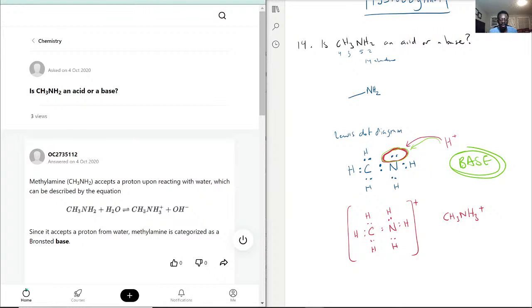Now with this, just as a quick disclaimer, you're probably wondering, but it has all these other hydrogens on the carbon side, why doesn't it give that away? Typically you'll notice that the hydrogen being given away is usually one attached through a hydrogen bond. So these two hydrogens are attached to nitrogen through a hydrogen bond, because hydrogen bonds are between O, N, and F. Those are the hydrogen bonds.